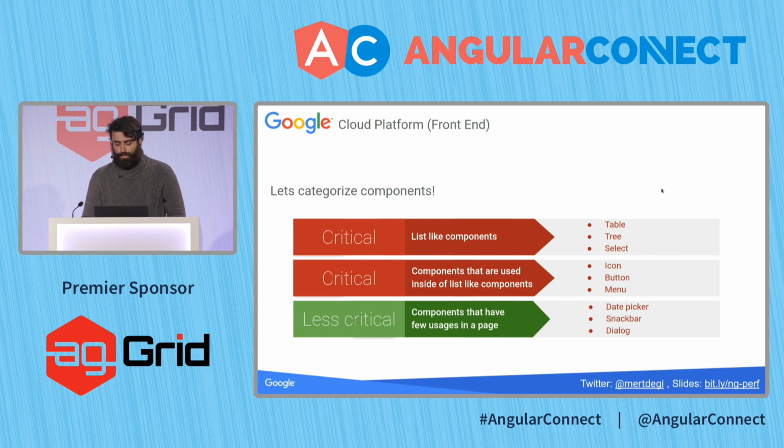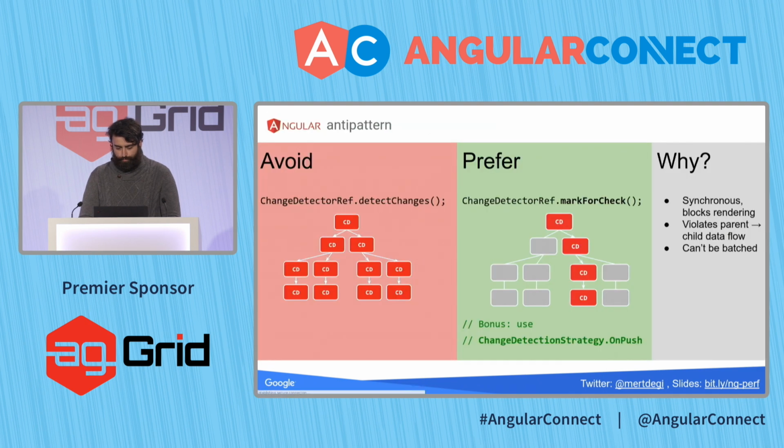So just keep in mind when I'm suggesting some patterns or anti-patterns, these are mostly applicable to list-like components or the ones that are used within those. So let's get right into it.